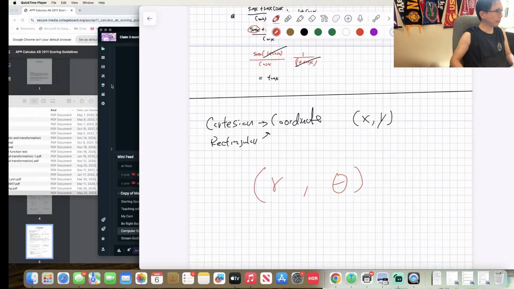And you're like, what do you mean by r? Well, what do you think r stands for? Usually r stands for radius. You can think that way. There's a name for it.